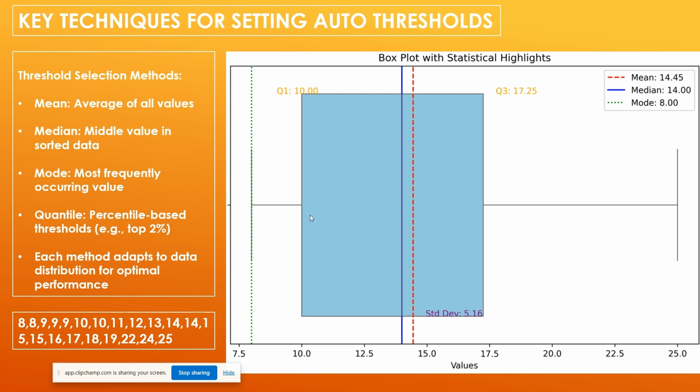Then there is the middle value, the median 14, with the blue line you can see here. This is our second quantile, and the third quantile, where the blue area ends, is 17.25. You can use whichever quantile value you want, 25%, 50%, or 75%, accordingly. Okay, that is it for this slide. We will move to the next slide now.